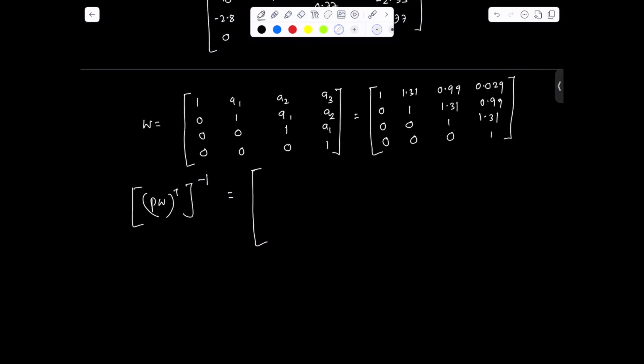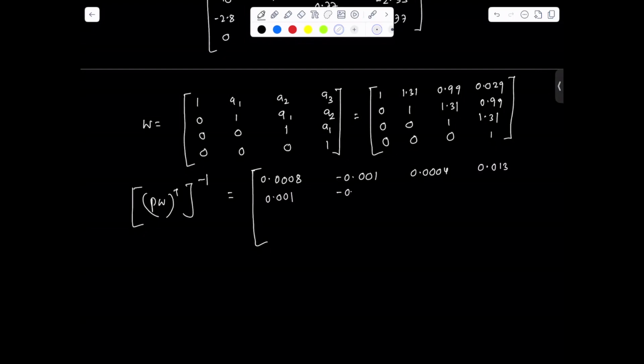You can use the MATLAB code to find this matrix. So the value is obtained to be 0.008, minus 0.001, 0.0004, and 0.013.